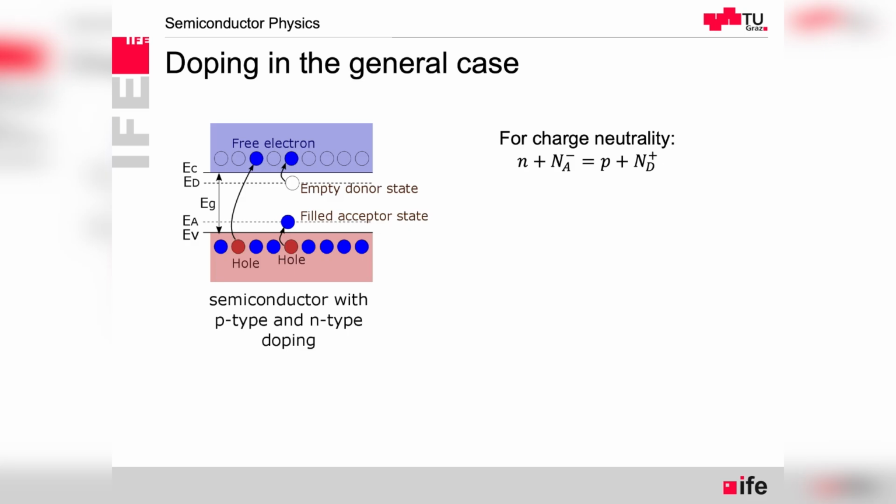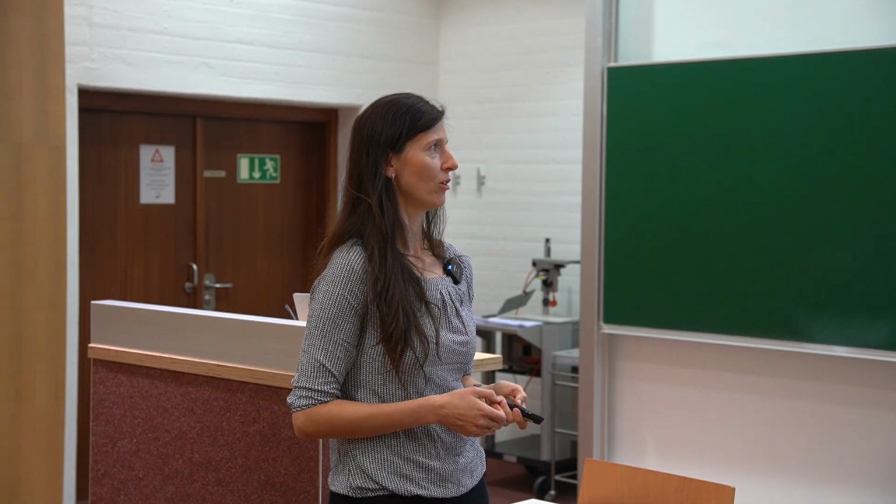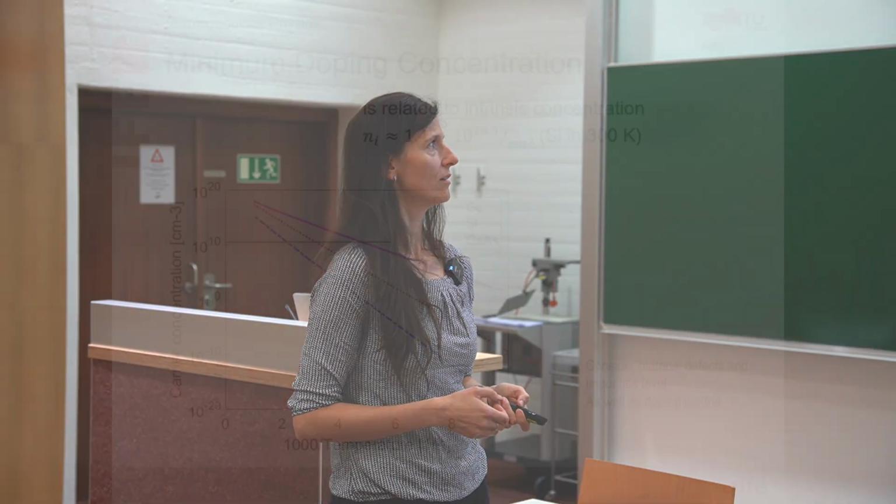So really quite a significant relation still, but it does make a difference in the conductivity. And what defines the minimum doping concentration and the maximum doping concentration? It's what we cover with the next slides.